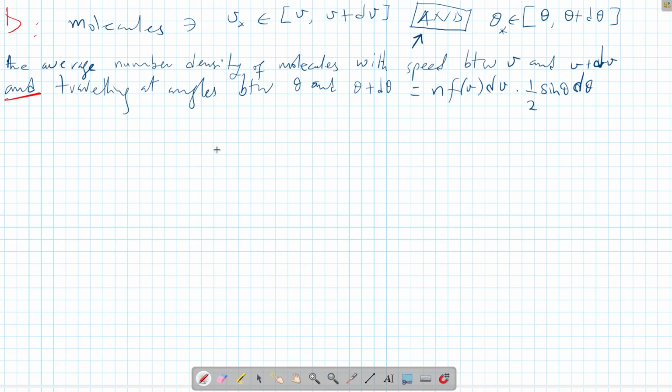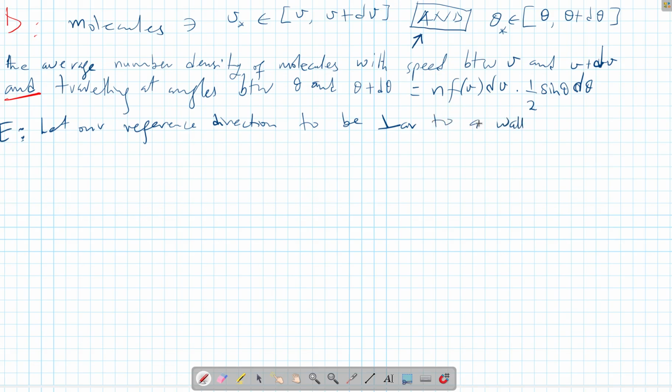The next step, point number E. Remember, the chosen reference direction was arbitrary. Now we're going to fix it. We let our reference direction be perpendicular to a wall.